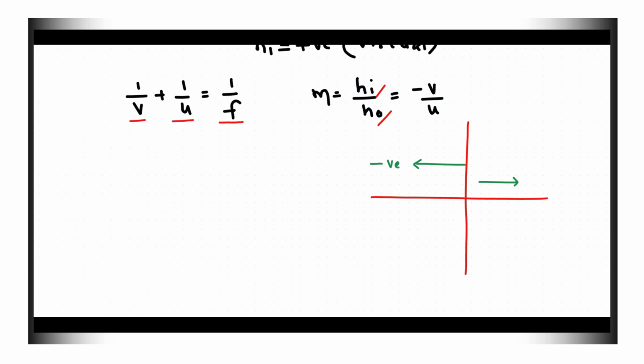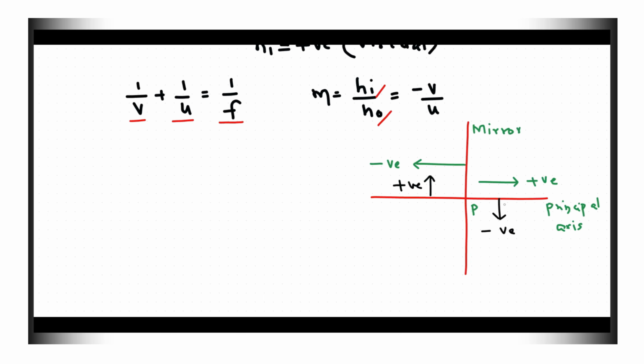The vertical line is the mirror, so everything to the left of the pole is negative, right of the pole is positive. And this is your principal axis. With respect to the principal axis, any measurement above it is positive, and any measurement below it will be negative. That means if HI is negative, it means it is inverted.